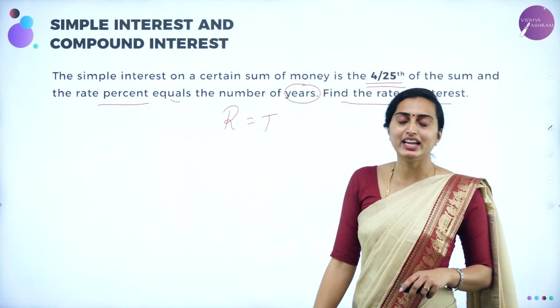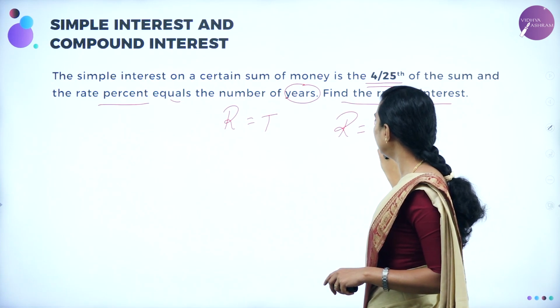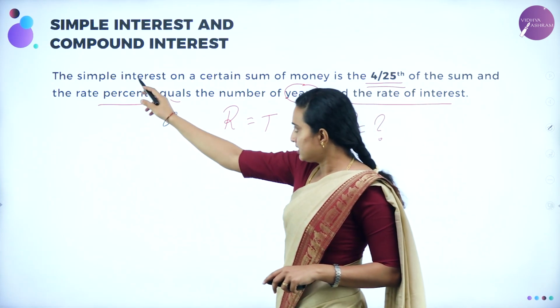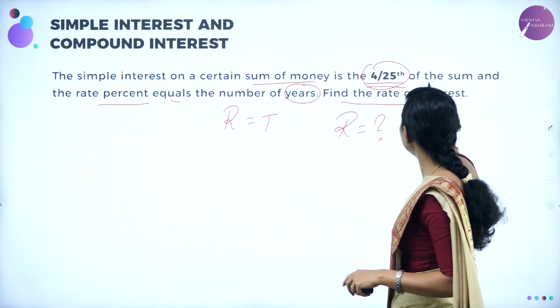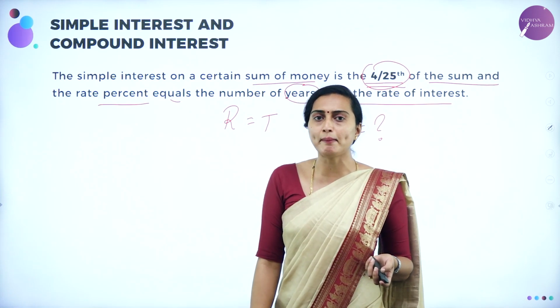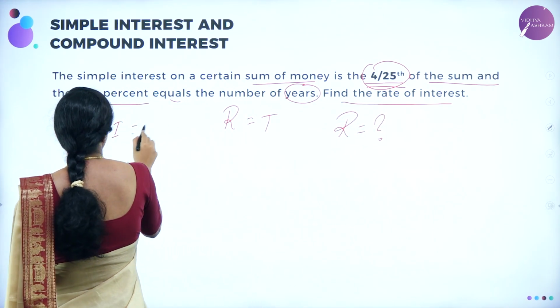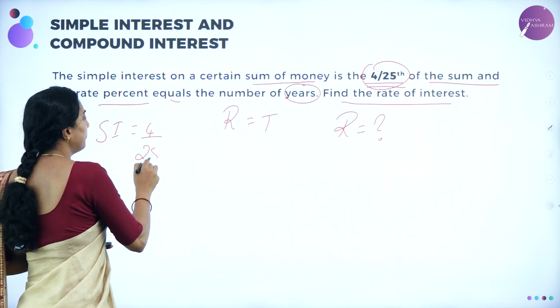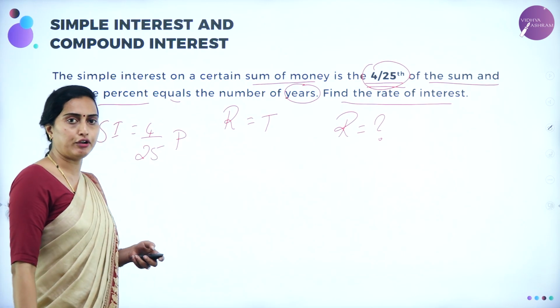Find the rate of interest. They have asked you to calculate what is R, okay? And in the starting they have given the simple interest on a certain sum of money is 4 by 25th of the sum. 4 by 25th of the sum is nothing but the principal amount. Therefore, SI they have given as 4 by 25th of P. Okay, using this, we are going to find out the rate of interest.